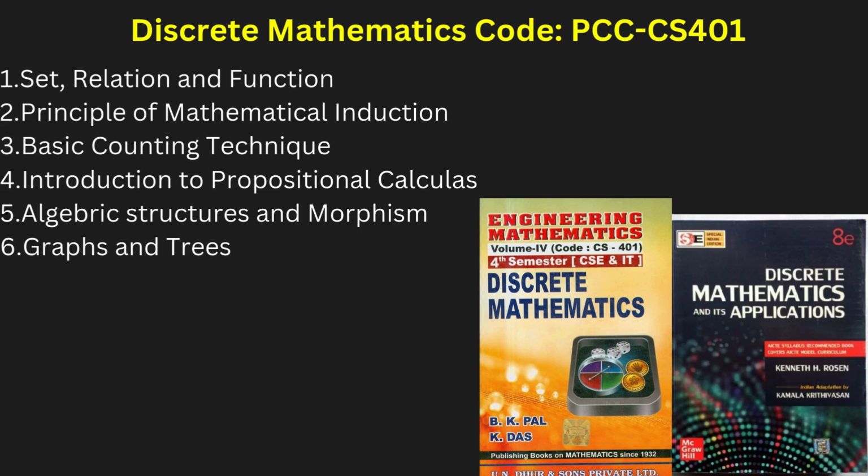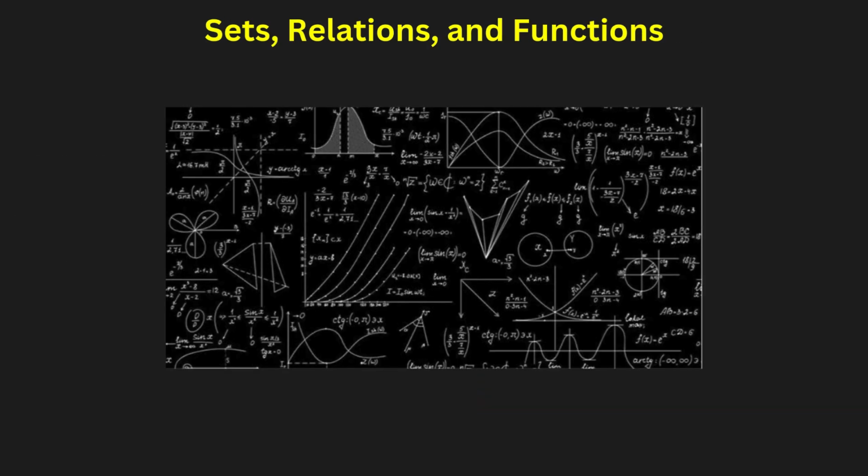So let's begin. At first, sets, relations and functions. Discrete mathematics begins with the fundamental blocks. Sets are collections of distinct elements, also governed by operations and laws like union, intersection and difference.